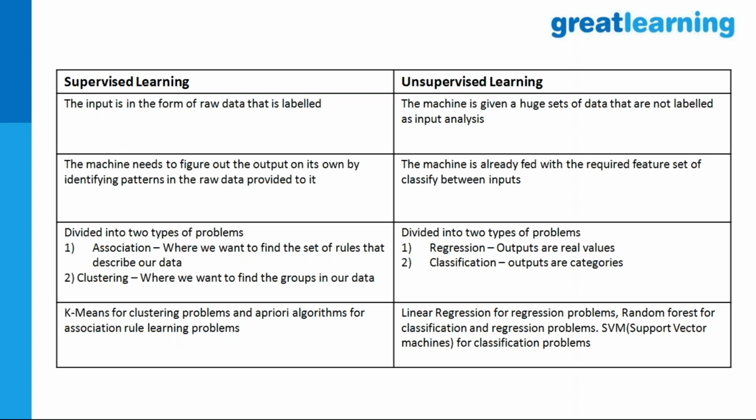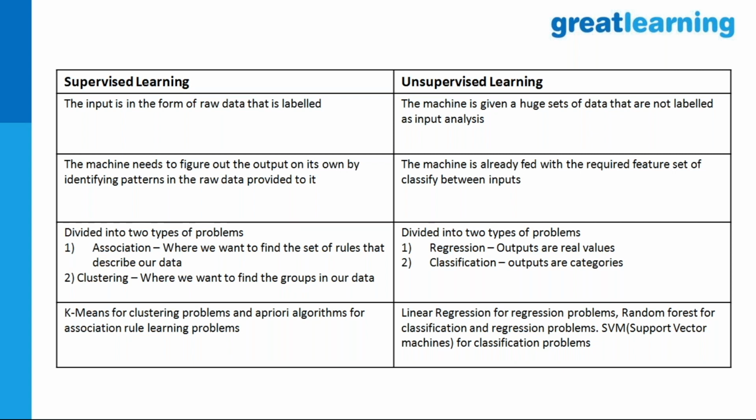So this is at the high level the difference between supervised and unsupervised learning. We'll go one by one. The first row, the input is in the form of raw data that's been labeled. Here in unsupervised, the input will not be labeled.